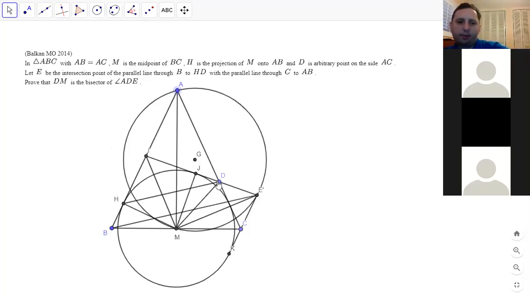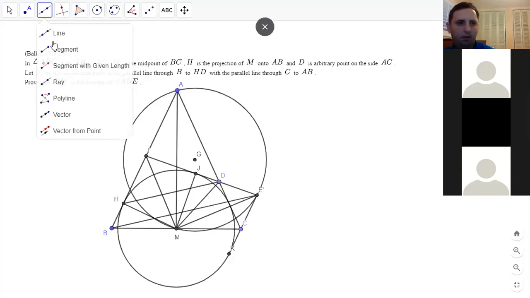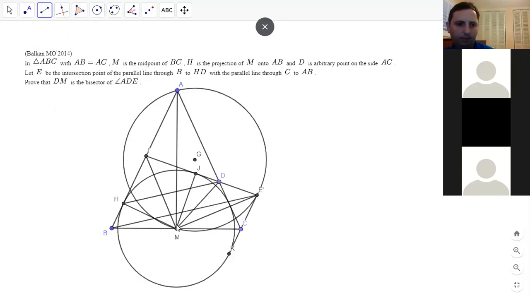So I define E prime as you draw the tangent from D to the circle and it meets this parallel through C to AB at E prime. Let me draw MK.